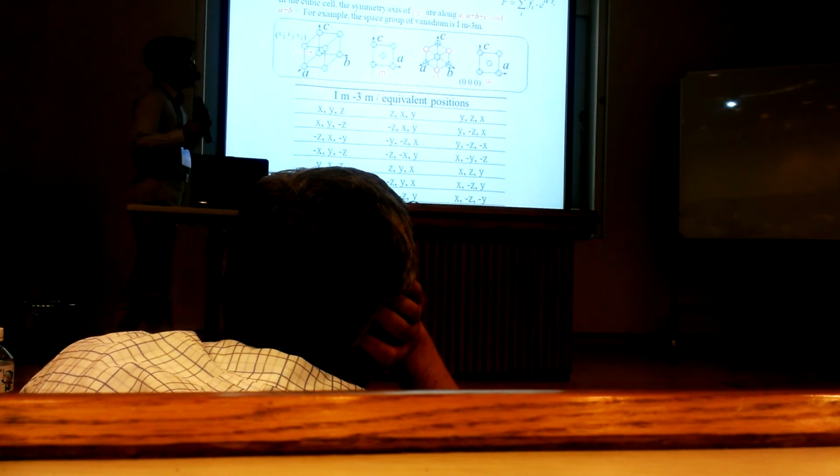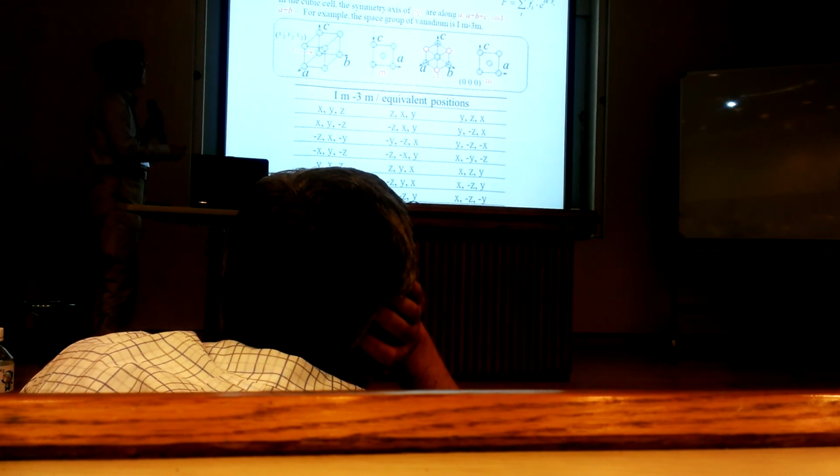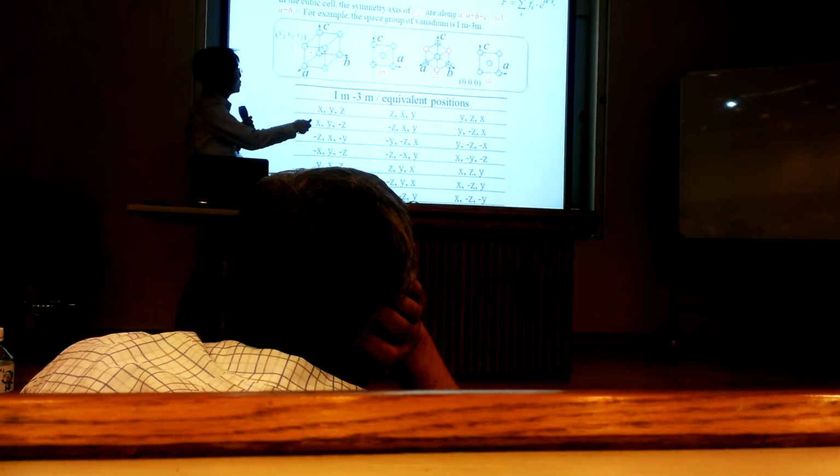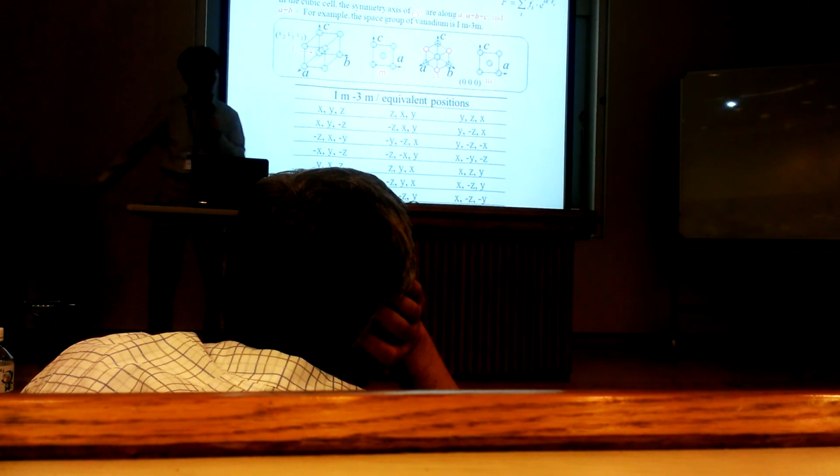But this is wrong. For example, in the cubic cell, the PQR are correlated with the symmetry axes along the A, or A plus B plus C, or A plus B. That means the 001, 111, and 011 directions.